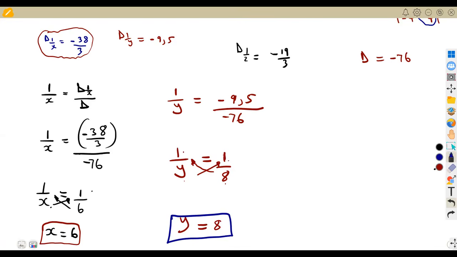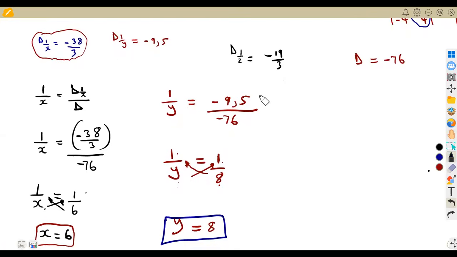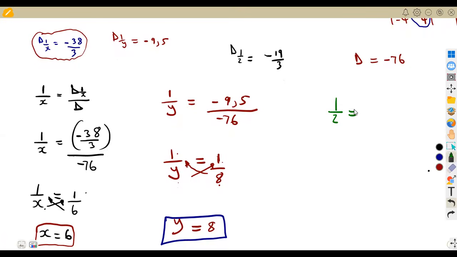All right, we do the same thing for z. To determine z, we are going to take it from 1 over z from our formula. We said 1 over z is going to be the determinant with respect to 1 over z, the one that we got of negative 19 over 3, divided by the determinant of the constants, which is negative 76.